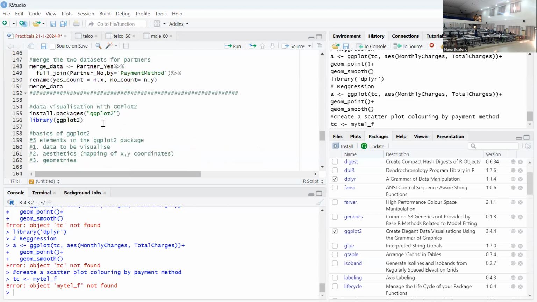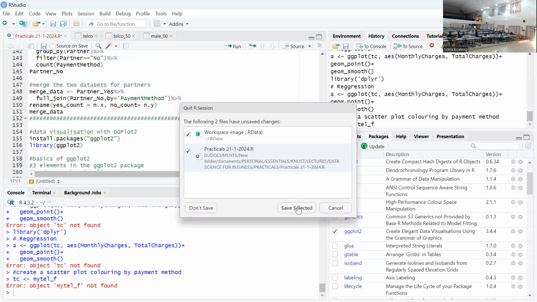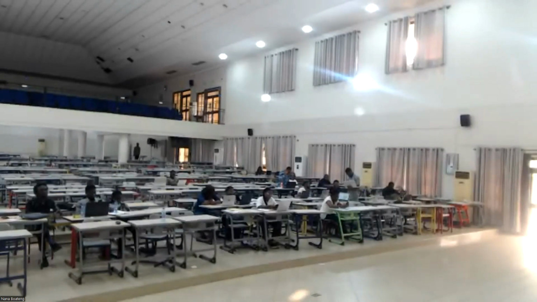Okay, kindly close your R and come back. So save it before. Okay, then there's this pop-up. Should the toolbox be checked like that? Yes, just save it.